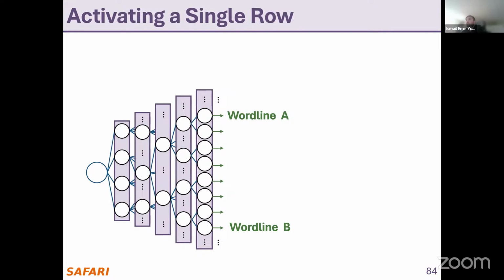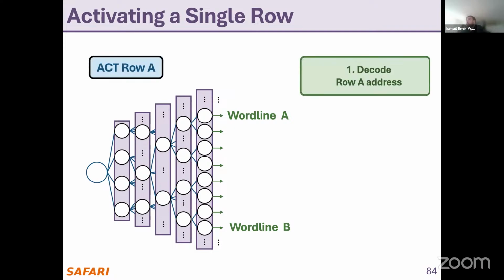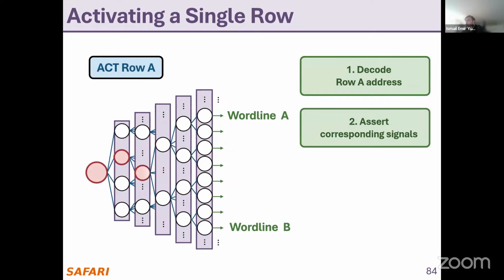Now let's take a look at what happens when we activate a single row as a normal DRAM operation. We activate row A. It first needs to decode the row address, and it asserts the corresponding signals at the same time in parallel in all stages. As you can see, more than one node is asserted in a level.